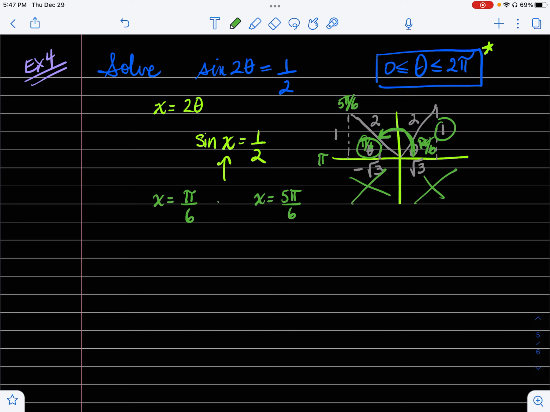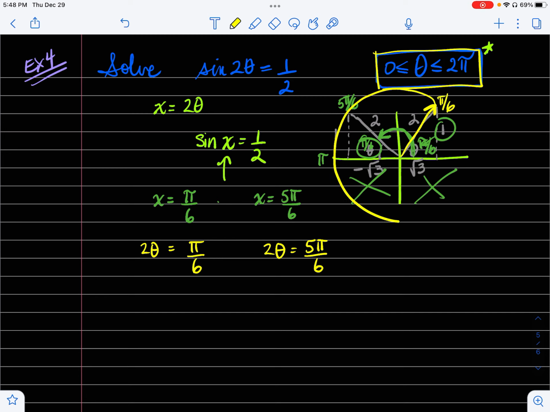Now carefully replace x back with 2 theta. Replace x with 2 theta. Our job is not to find 2 theta. Our job is to find the value of theta. Also notice we're restricted here, but the next possible answer, this is pi over 6, the next possible answer is going to come from the second rotation.